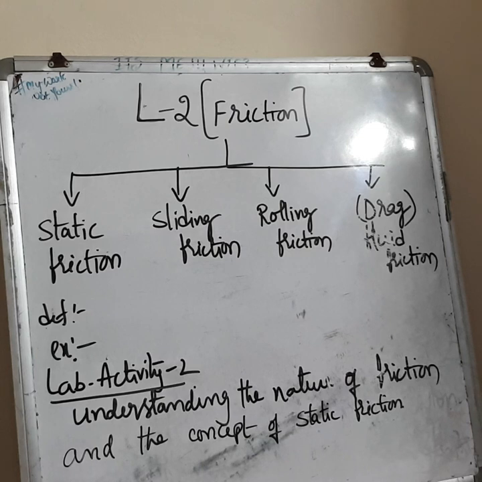For static friction, for example, a block is there on the floor. You are applying a force, but the block is not moving. There is contact between the surface of the earth and the surface of the block, and these two are at rest with respect to each other.